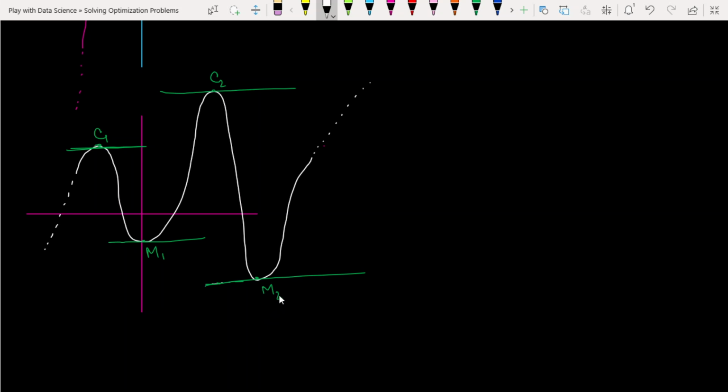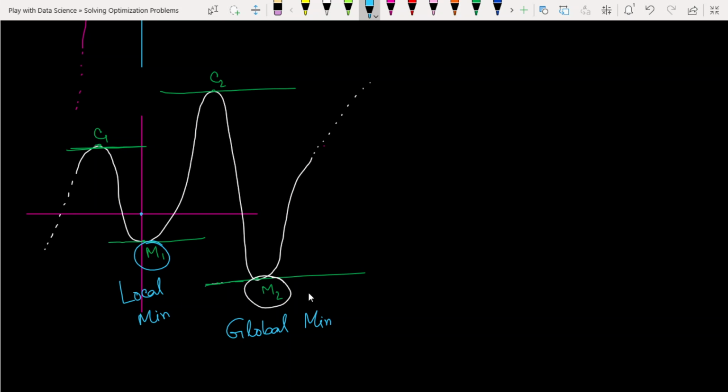So this minimum value is called the global minimum, and this minimum value is called the local minimum. We call it local because in the neighborhood (NBD) of m1, this point takes only the minimum value locally, but m2 takes the minimum value in the whole graph.